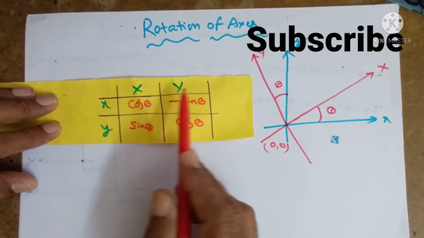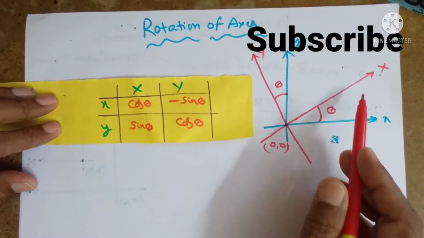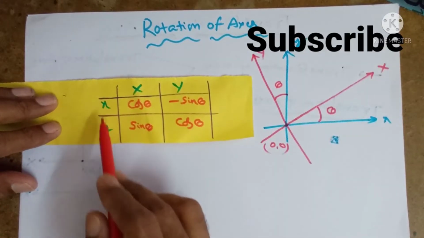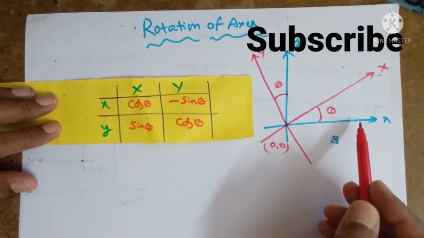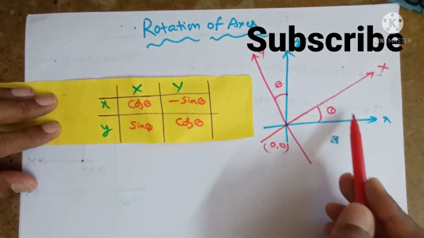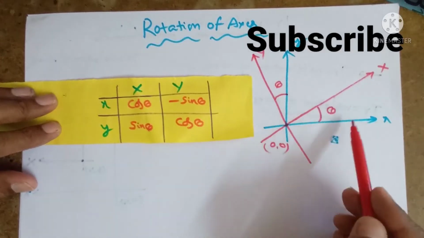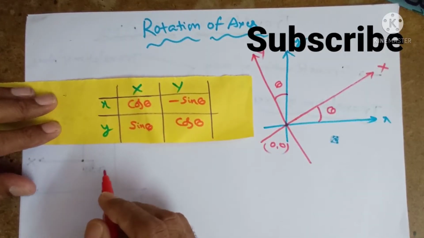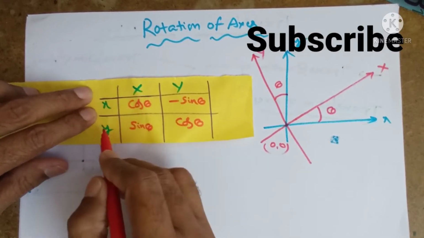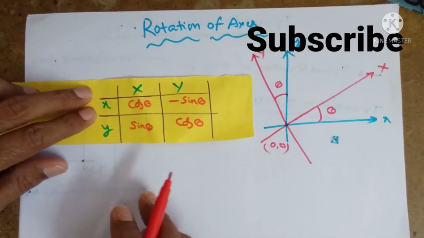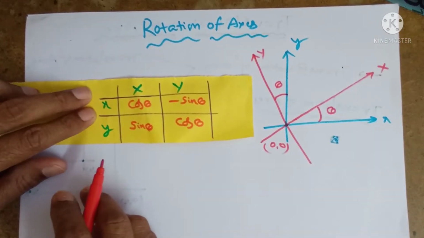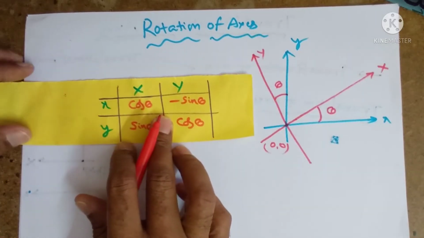Capital X capital Y is with reference to the new axis, it is in red color. Small x small y is with reference to the original axis, it is in blue color here. Okay, so small x, small y, capital X, capital Y: cos theta, minus sin theta, sin theta, cos theta. We have to remember this table.